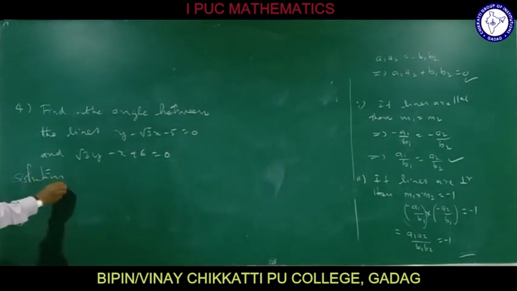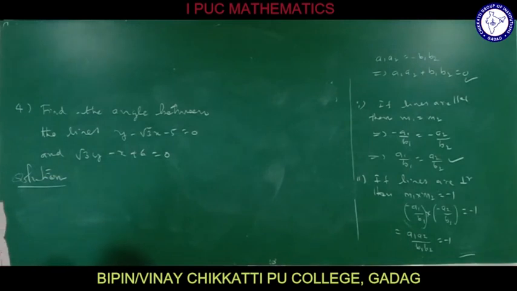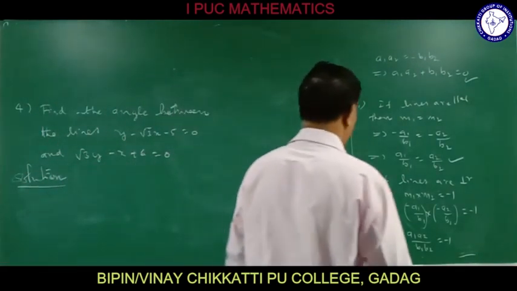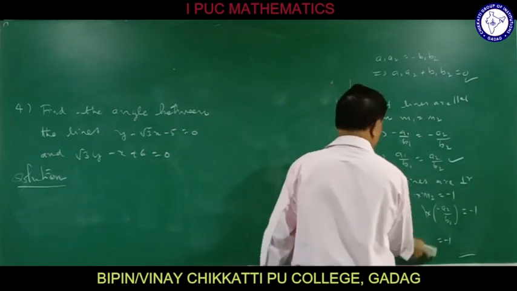Solution, you see how to find out the angle between the lines. Because for the angle between the lines, we have the formula tan theta is equal to modulus of m1 minus m2, or you can say m2 minus m1.